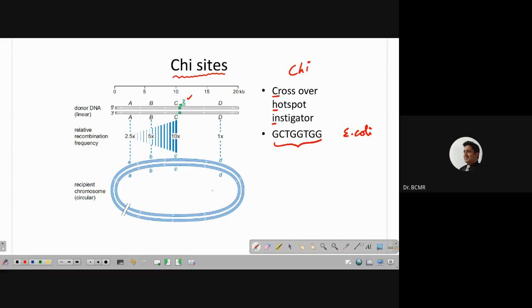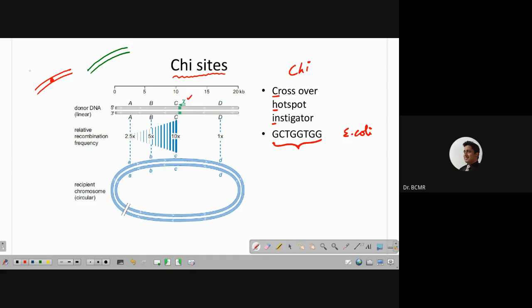So in all E. coli genomes, you have this sequence in several locations, and there are proteins that recognize them, as we will see at a later stage. If there is a DNA that has a chi site, and a DNA molecule which does not have a chi site, what does that mean?